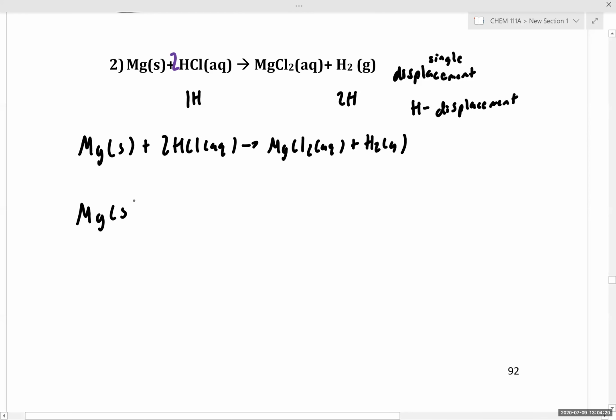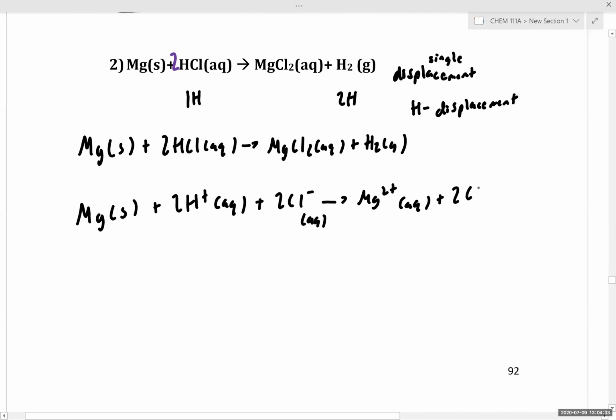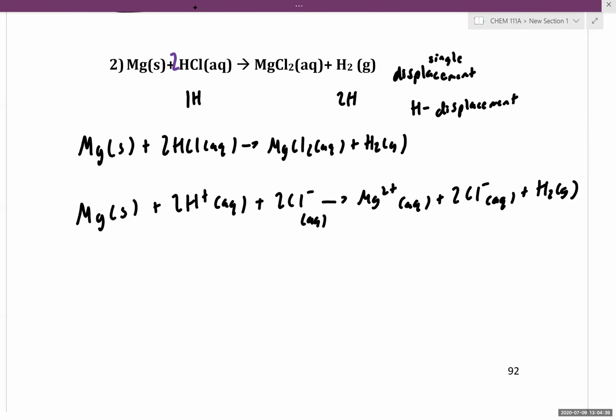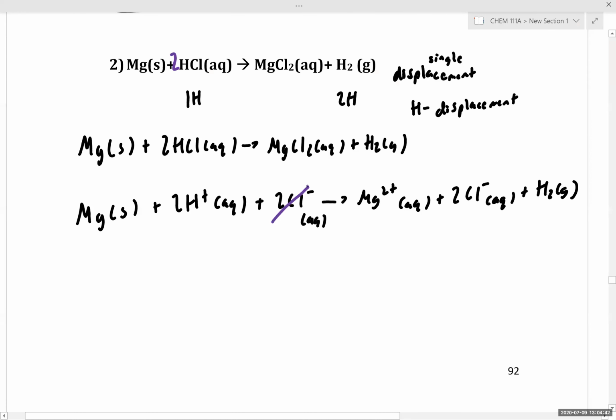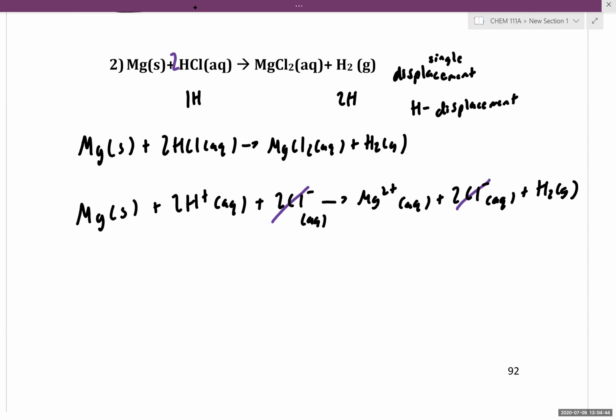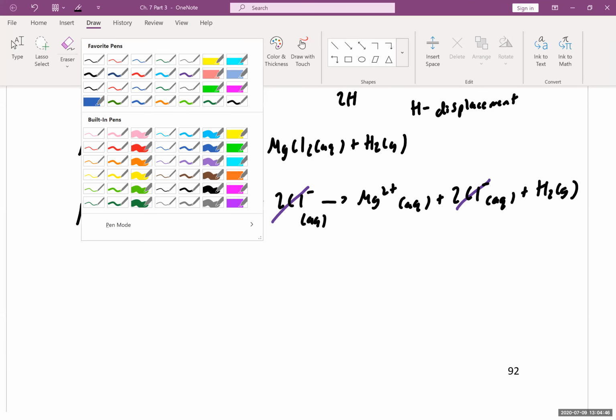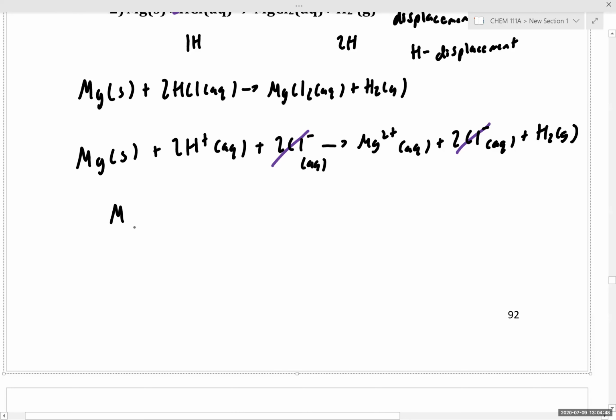We're now going to break up all of our soluble ionic compounds, strong acids, and strong bases. And that in turn gives us the following chemical reaction. Then we can cancel our spectator ions, and that in turn yields the following net ionic equation.